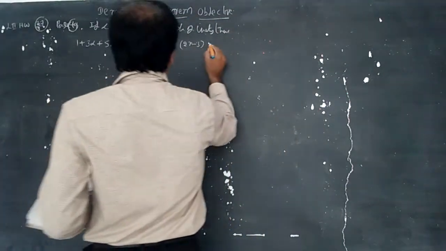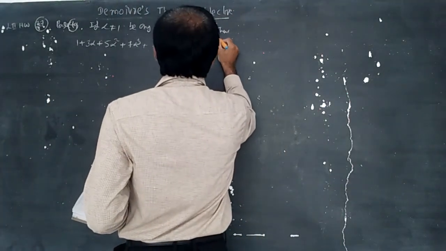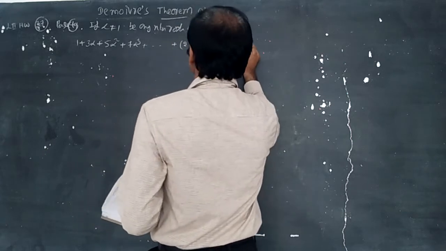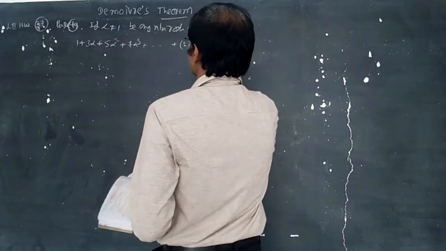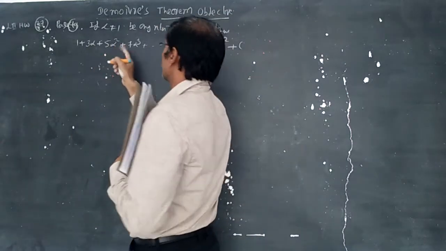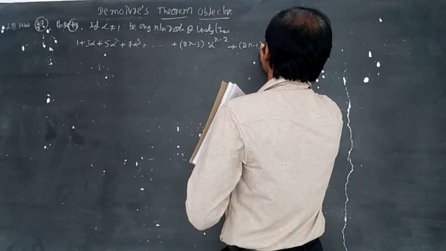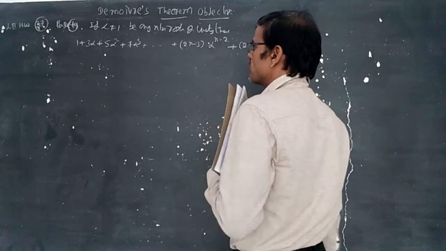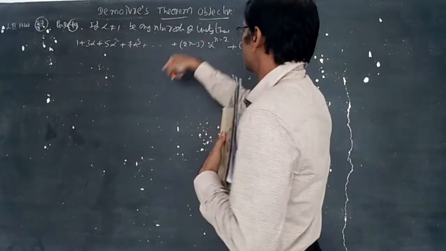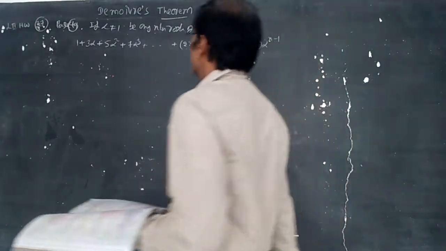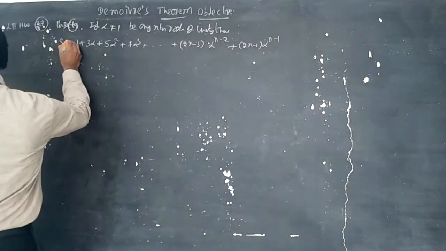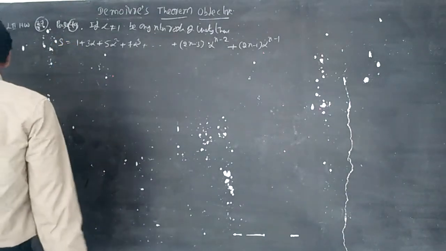So here you can get 2n minus 3 into alpha power n minus 2 plus, for the 3rd term alpha square, 4th term alpha cube. For the last term 2n minus 1, this is alpha power n minus 1. Yes, this is alpha power n minus 2. Correct. Let this given sum be s.